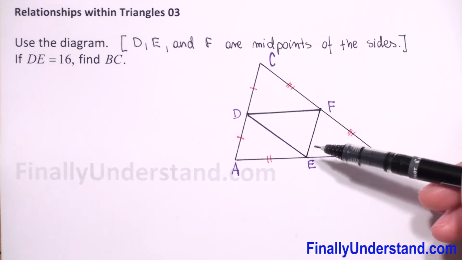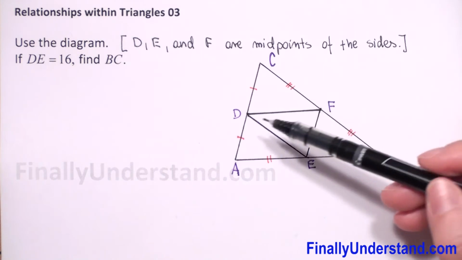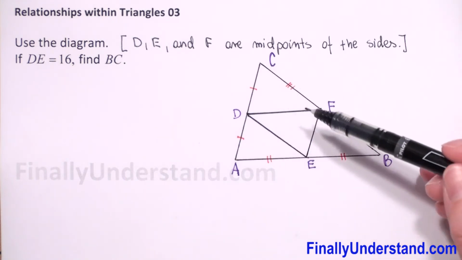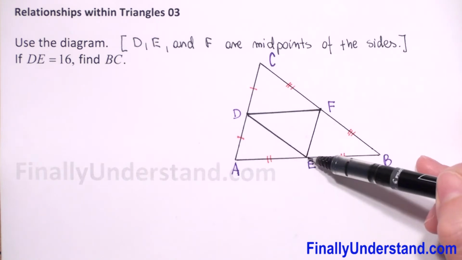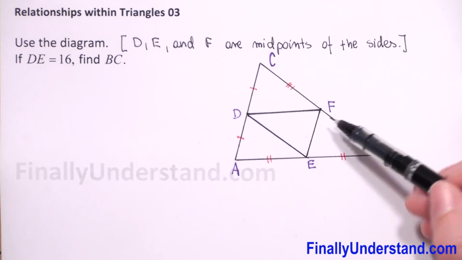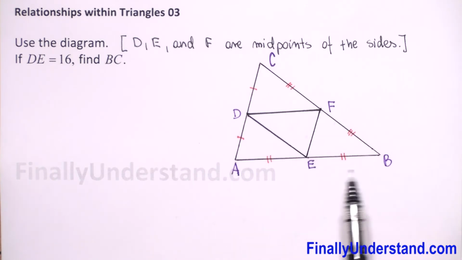So EF connecting the two midpoints is parallel to segment AC, DE is parallel to BC, and DF is parallel to AB.